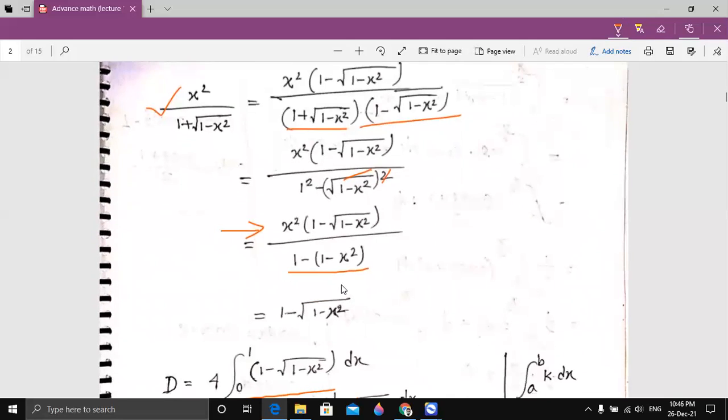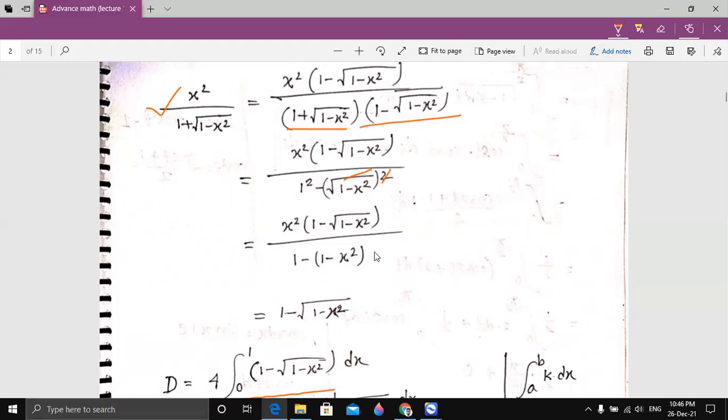Okay guys, and now maybe you can also cancel out x square and 1 minus.